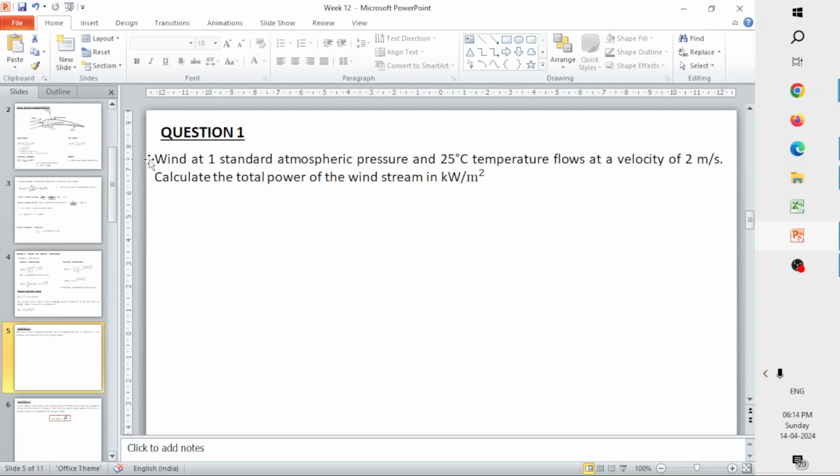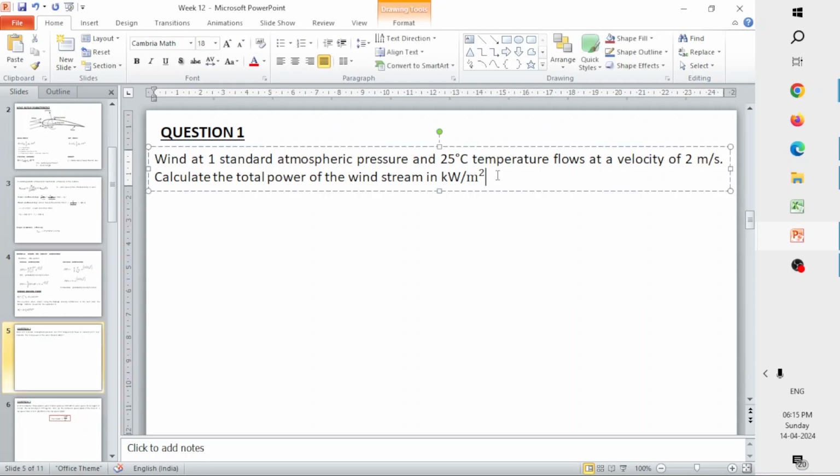Here they are asking you to calculate the total power available in your wind stream, and they have given you the specification: the wind flows at a velocity of 2 meter per second in a location where the standard atmospheric pressure is 1 atmosphere and the temperature is 25 degrees Celsius.